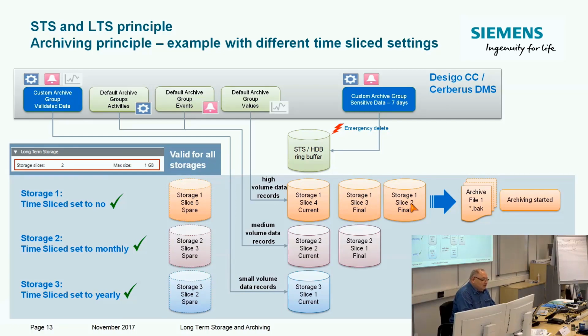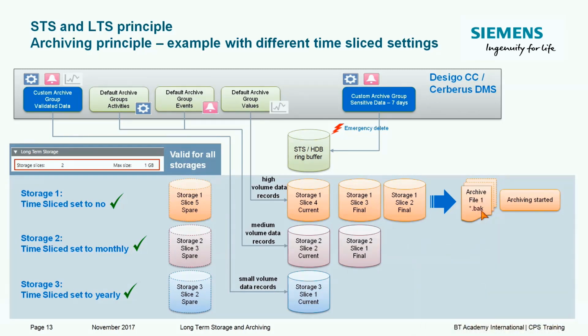So here is slice 2, and here you see that I'm having already an archive file 1, which, by the way, is not a proprietary file extension.